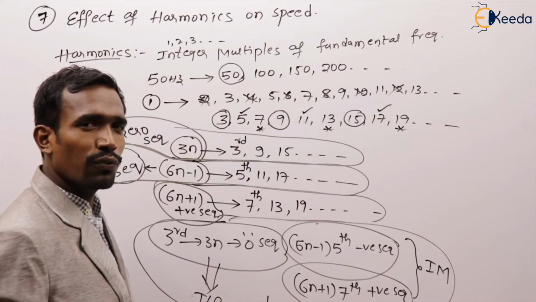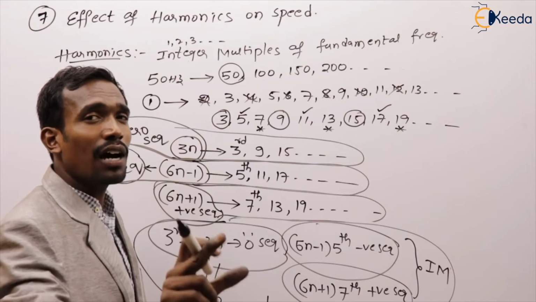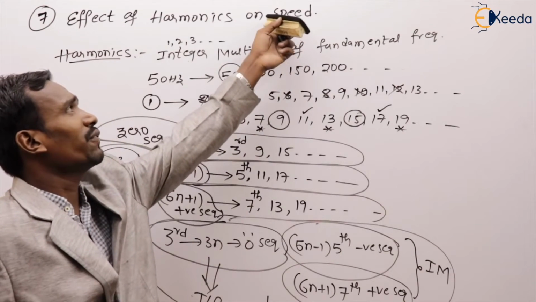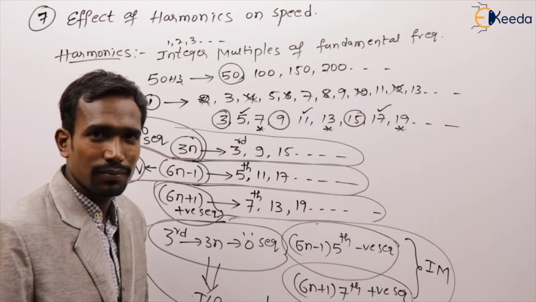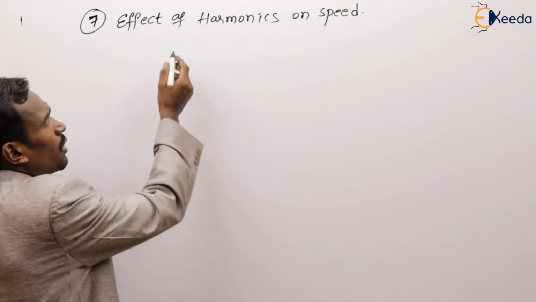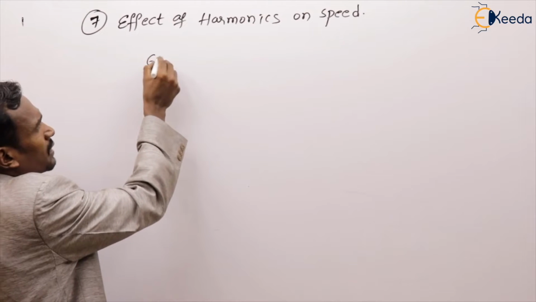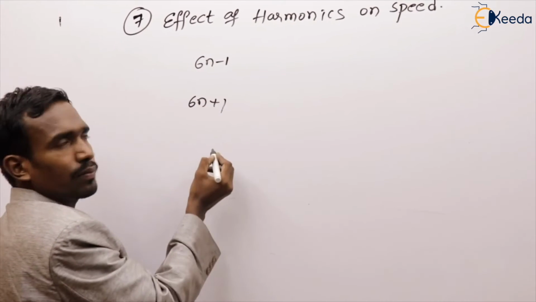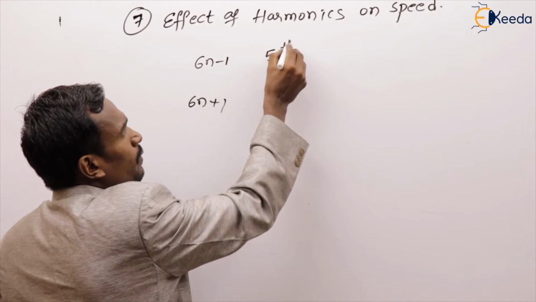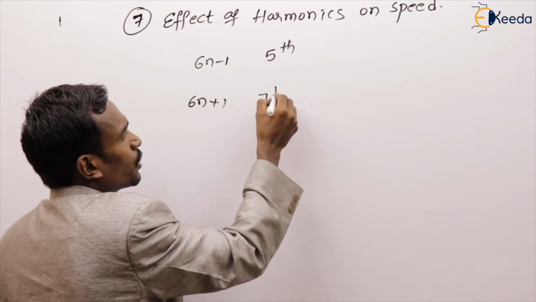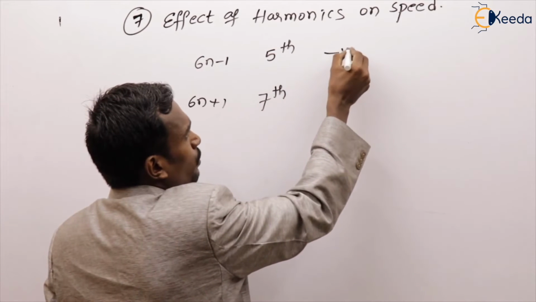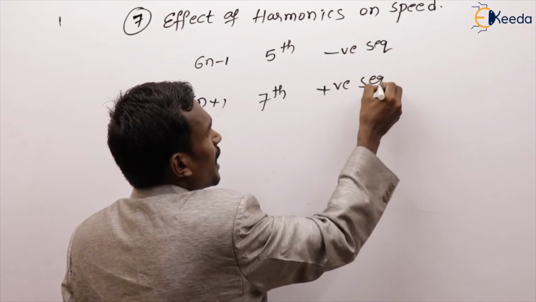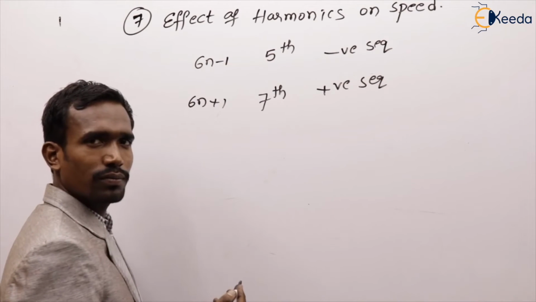Now we have to go for the effect of harmonics on slip-speed characteristics, or simply the effect of harmonics on speed. In an induction machine, 6n minus 1 and 6n plus 1, the fifth group and seventh group, negative sequence and positive sequence harmonics, are most effective.